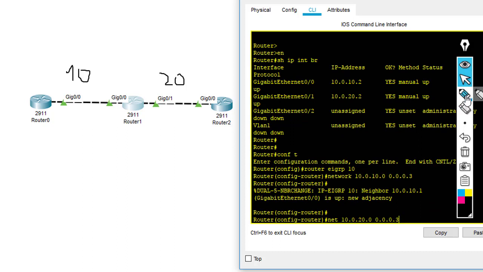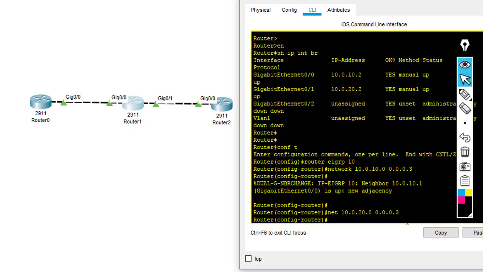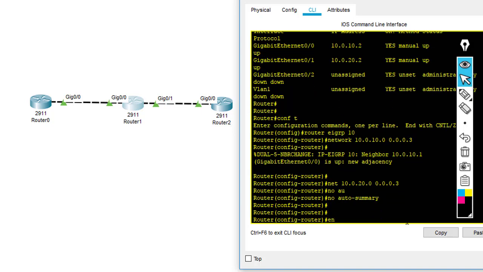So why do I have to type it two times? Because the router here has its left interface connected to the 10 network and its right interface connected to the 20 network. So I have to type it two times in this case. And I also type no auto-summary.